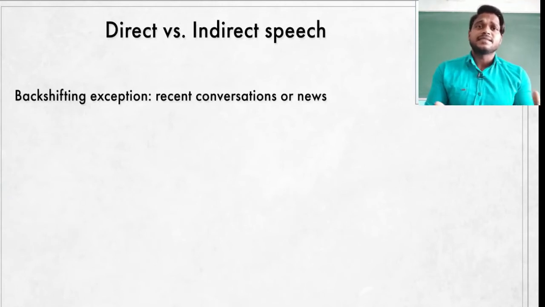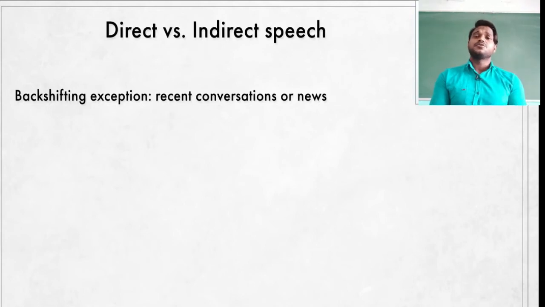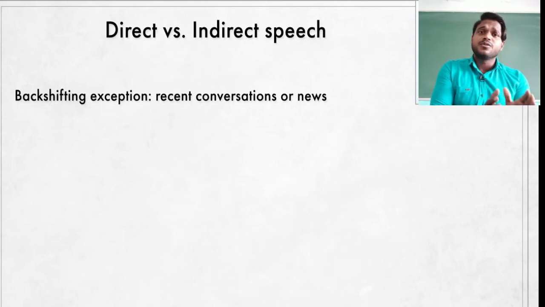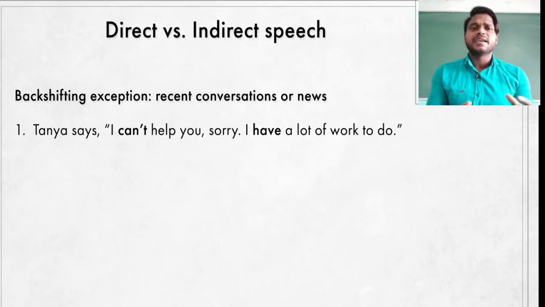She's feeling sorry. Tanya says that she can't help me because she has a lot of work to do. And "can't help" can be also used here. This is because I am repeating actually the same exact words. Now there is not much time delay in the sentences, so the backshift can remain the same also.